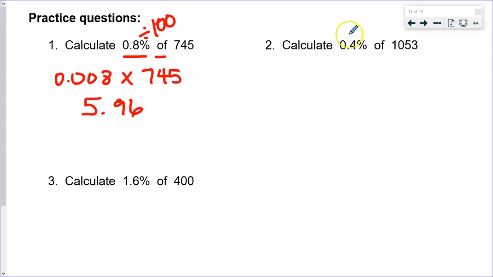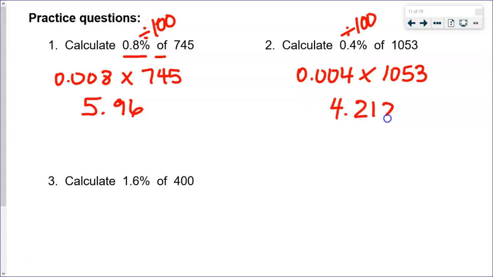Next up, same thing. Divide by 100. Which means move the decimal place 2 spots to the left. So we're going to get 0.004, and we're going to times that by 1053, and our answer is 4.212. So we weren't told to just round to 2 decimal places, so I'm going to leave it like that.